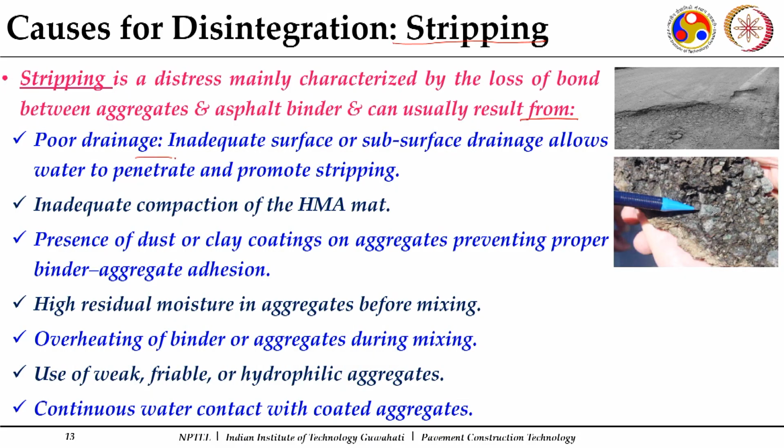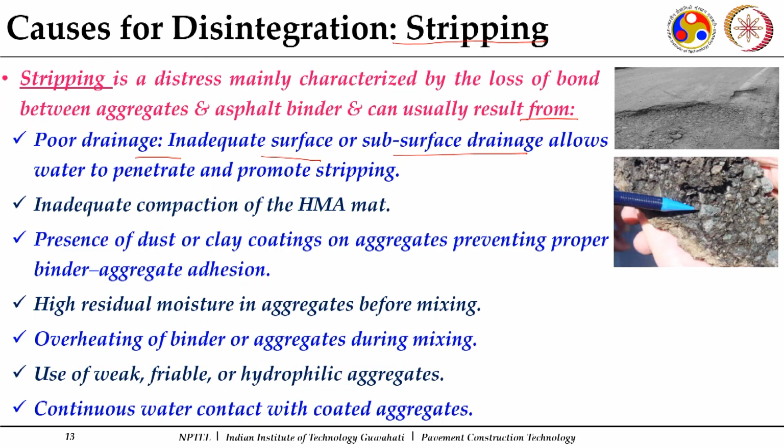One is poor drainage, because the aggregates come in contact with water. From where can it come? Inadequate surface drainage. If proper camber is not there at the top, then the water can percolate and will be in contact with the top surface for a longer period of time. If some fine cracks are there, it can ingress through those cracks also.